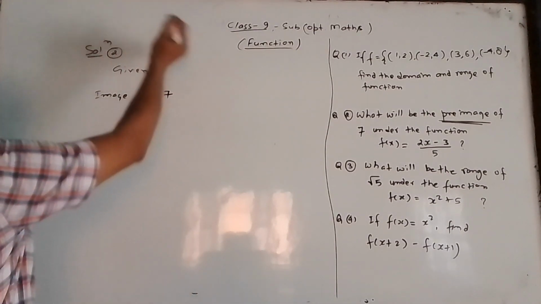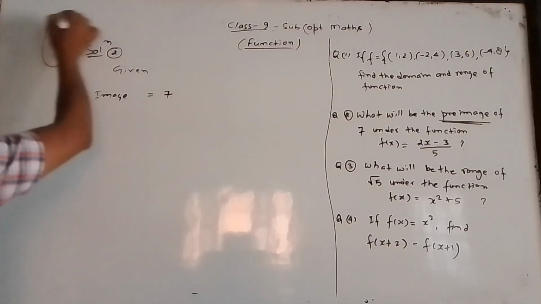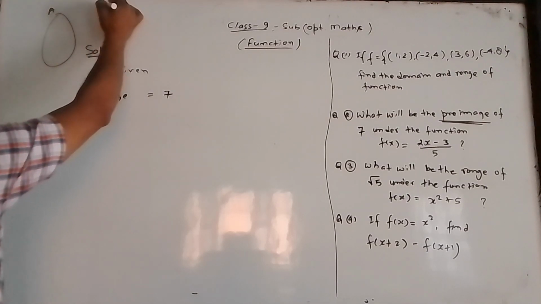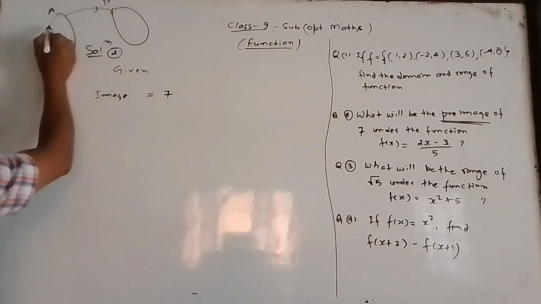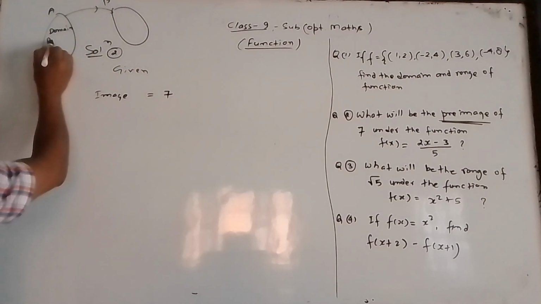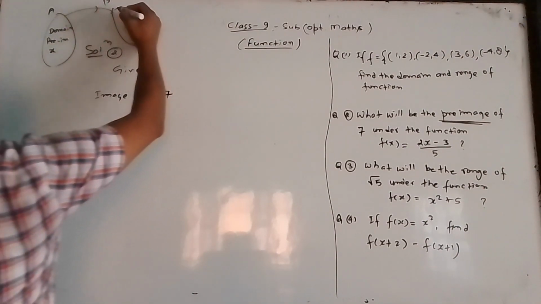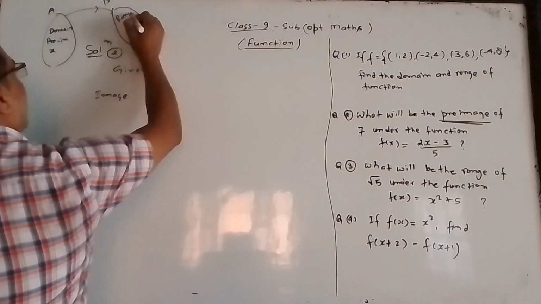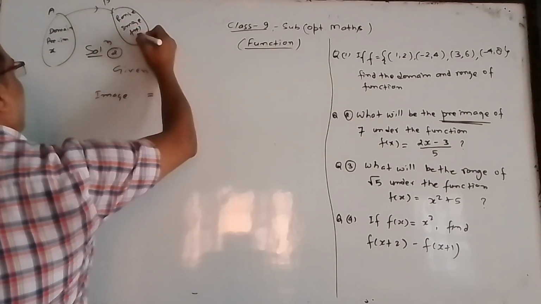Image means, as I wrote here, set A is the domain, the pre-image, and set B is the range, the image, f(x) and y.